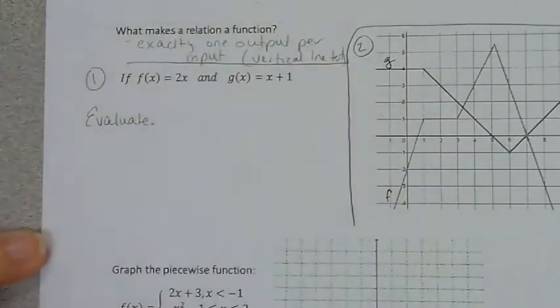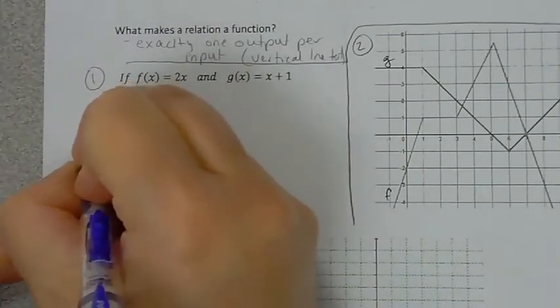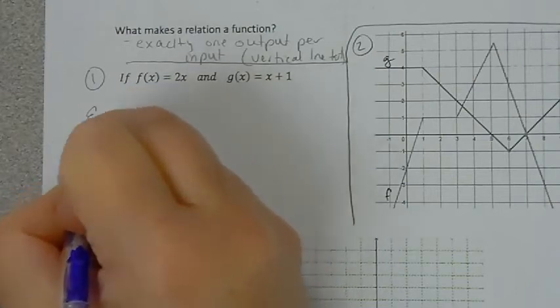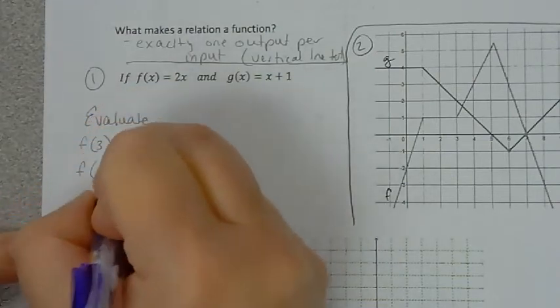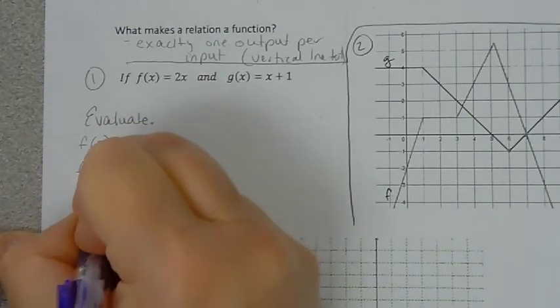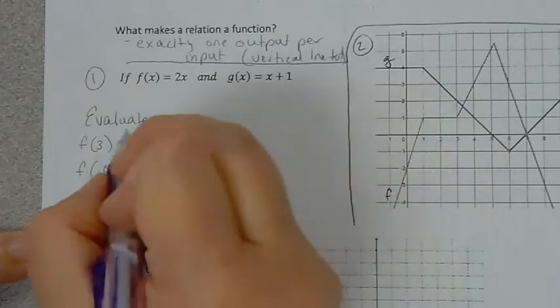So this would be something that would have to be given to you. The question might say, evaluate f of 3, or evaluate f of 0, or evaluate g of 5. So let's think about this first one.